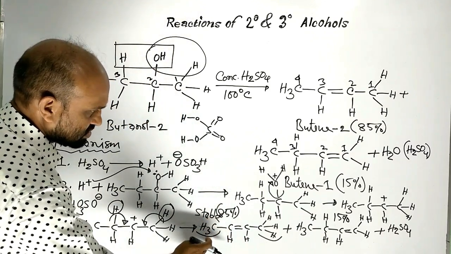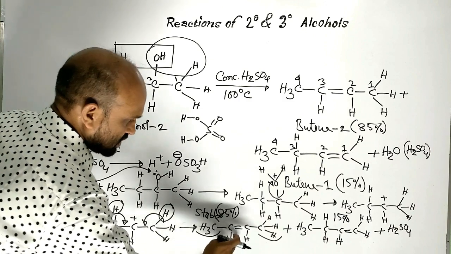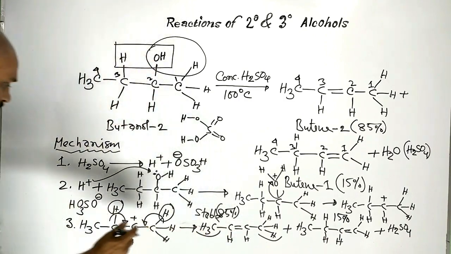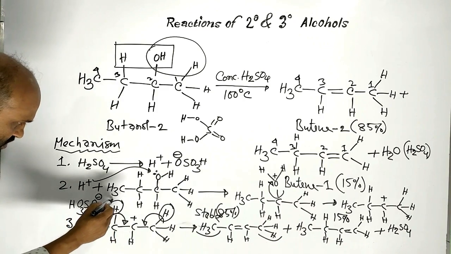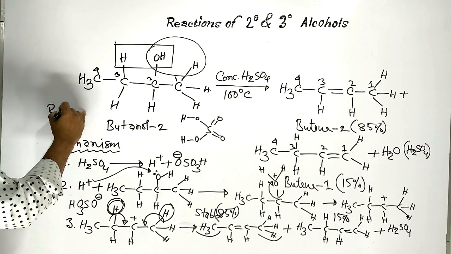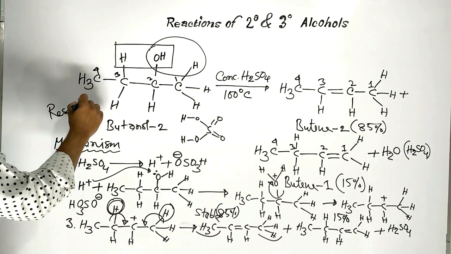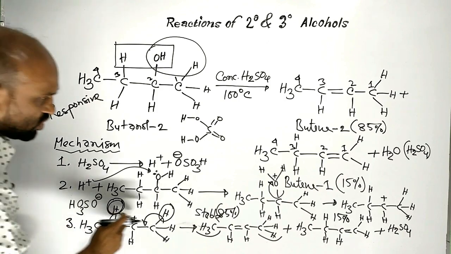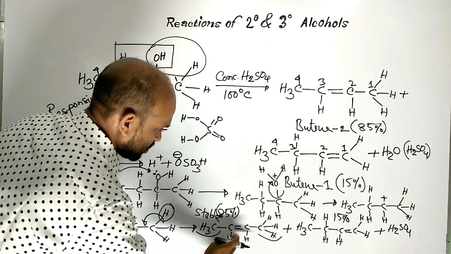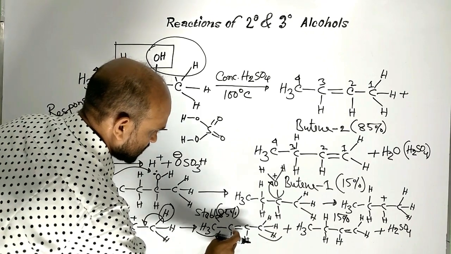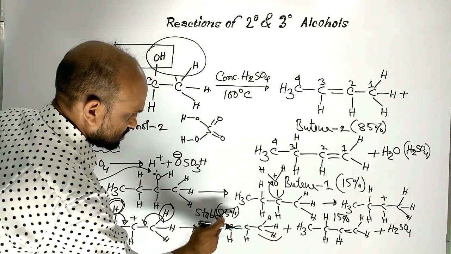As this is balanced stable compound, it is formed in large quantities, that is, this hydrogen is more reactive to form butene 2, because butene 2 is a stable compound. For this reason it is formed in large quantities.